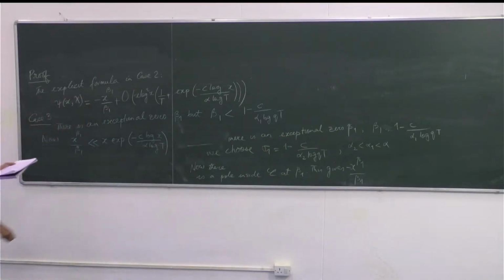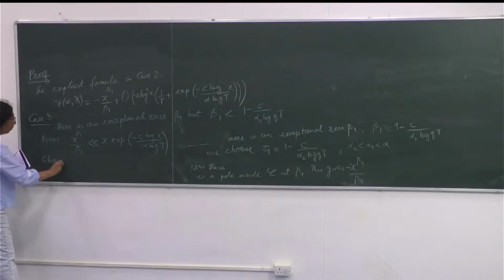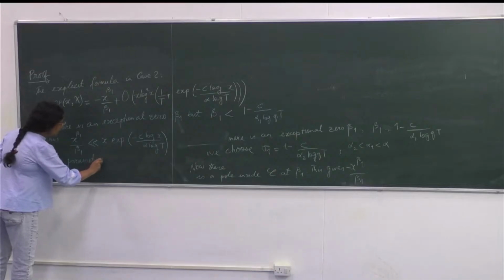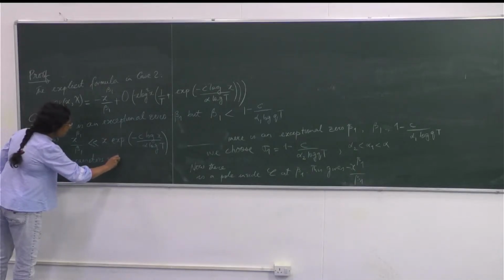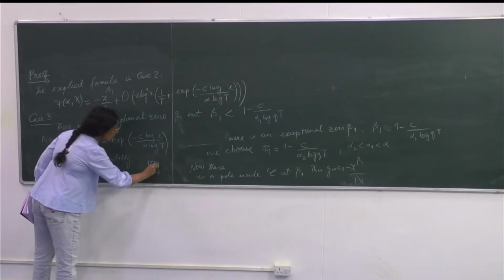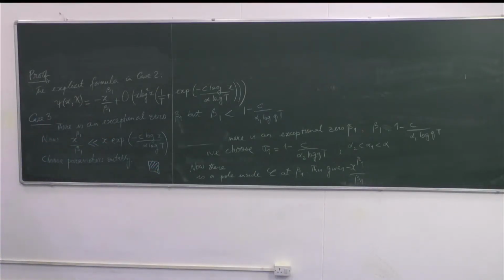So what remains to do now is to choose your sigma t, and yeah, and then it's done. Okay, so choose the parameters suitably. Yeah. And then you get this theorem. Okay.